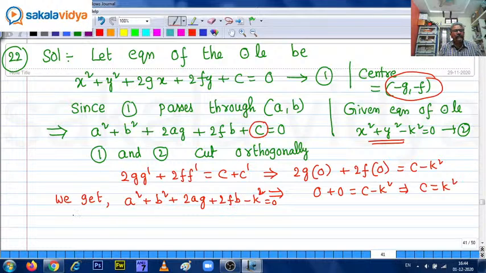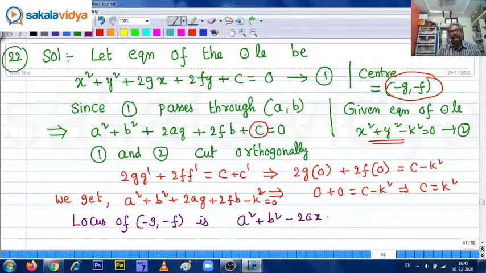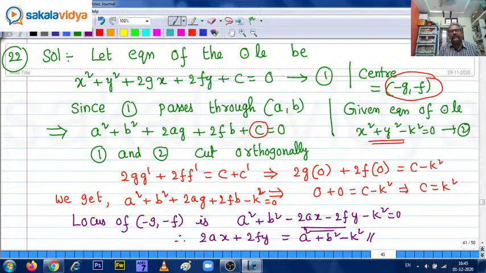So the locus is a square plus b square minus 2ax minus 2by minus k square equals 0. Taking these two terms to the other side, we get 2ax plus 2by equals a square plus b square minus k square. So this is the answer.